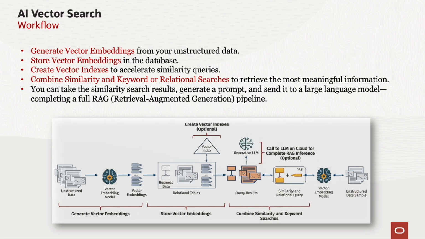Next, we'll demonstrate how to combine vector similarity search with traditional relational queries to retrieve the most relevant and meaningful results. Note: optional advanced topics such as vector indexes and RAG inference are not covered in this video. Dedicated demo videos for those features will be shared separately.